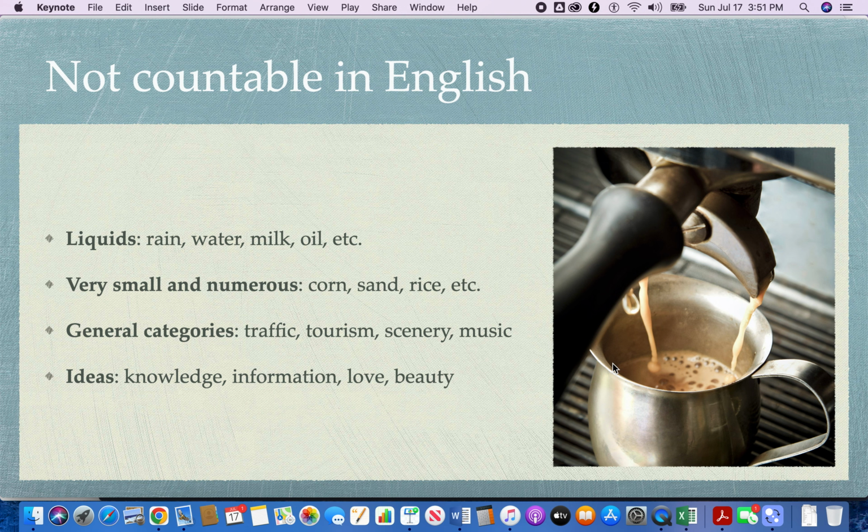General categories like traffic, tourism, scenery, music, or ideas. Words like knowledge, information, love, beauty, all these are not countable in English.